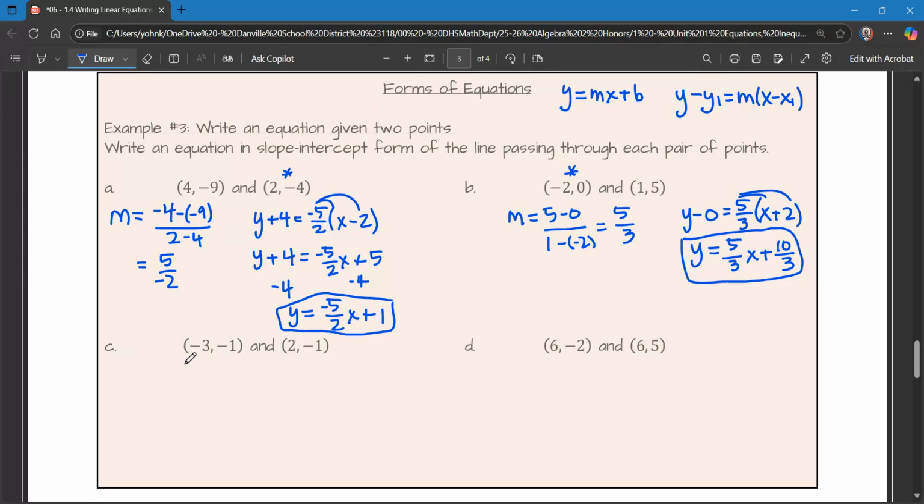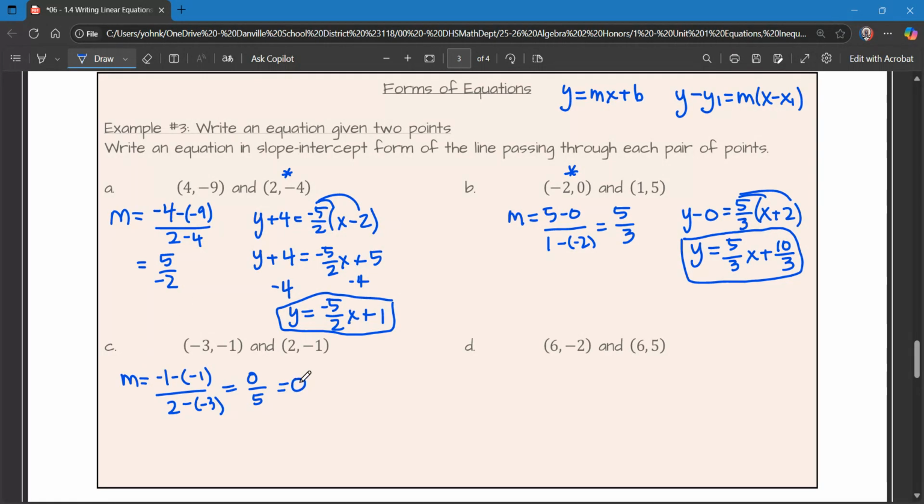Okay, letter C, (-3, -1) and (2, -1). Let's find the slope. So I'm going to do -1 minus a -1, and then 2 minus a -3. That leaves me with 0 over 5, which is 0. Now, when you come across one where the slope is not a normal number, then you're either dealing with a vertical line or a horizontal line.